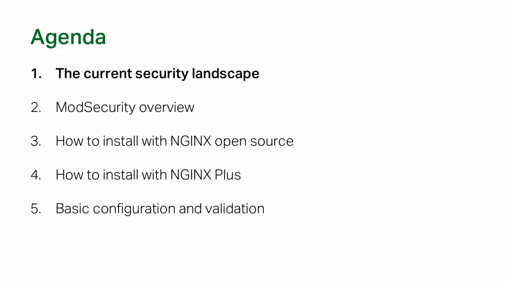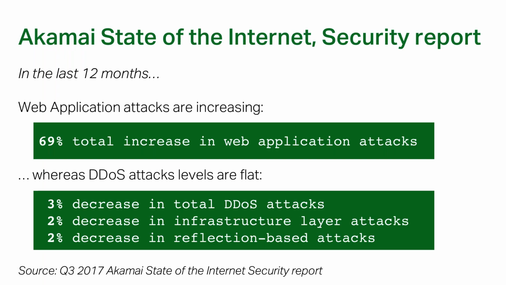Let's begin by looking at why security is important for the modern web application. Akamai, who manage and operate one of the world's largest CDNs, track and profile the traffic that their CDNs observe in order to determine trends in internet traffic.